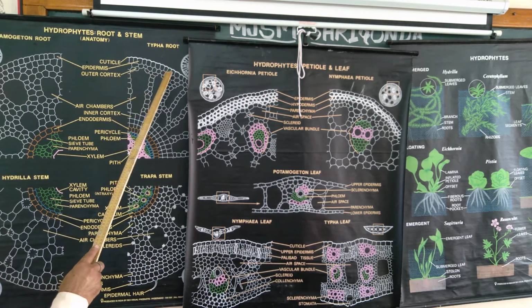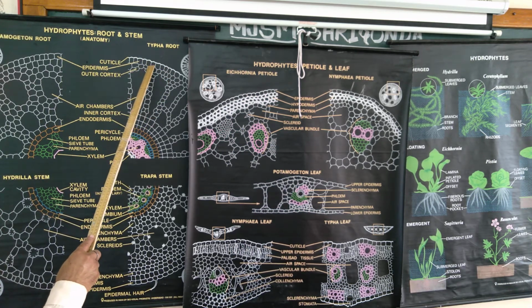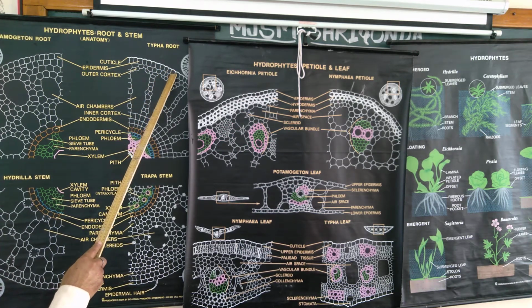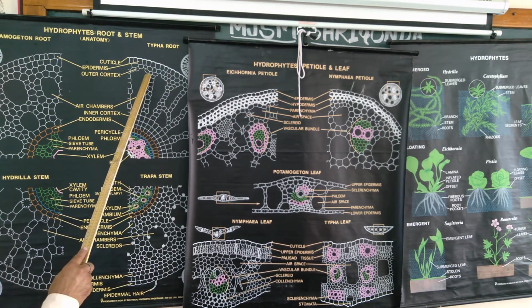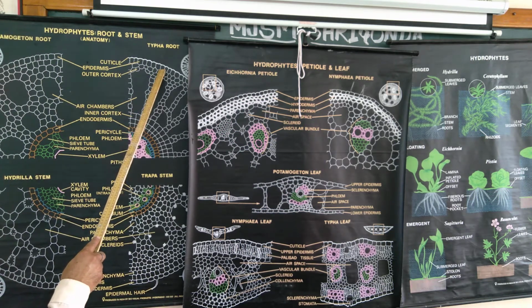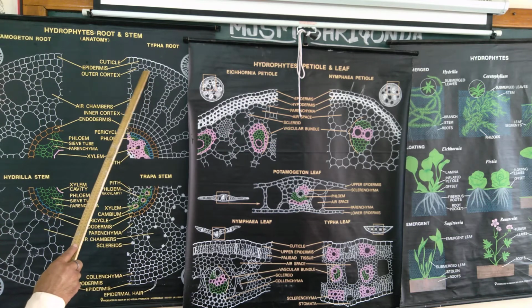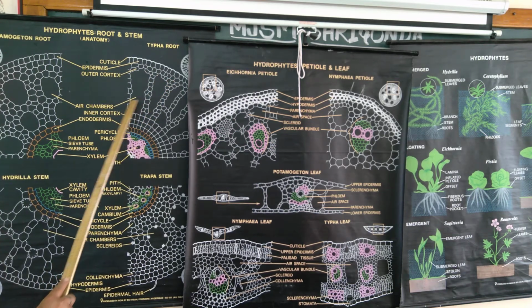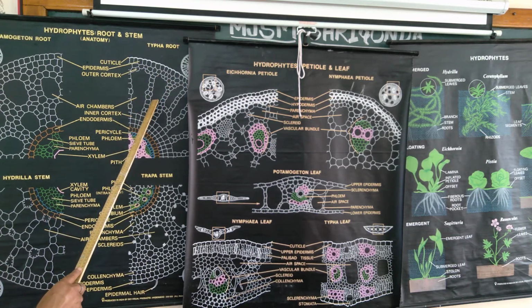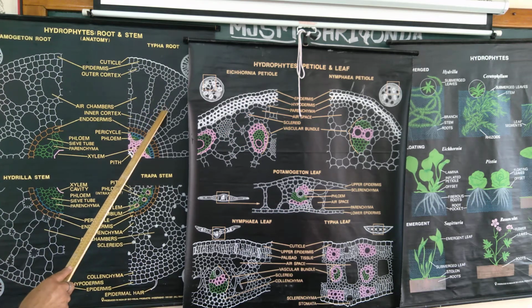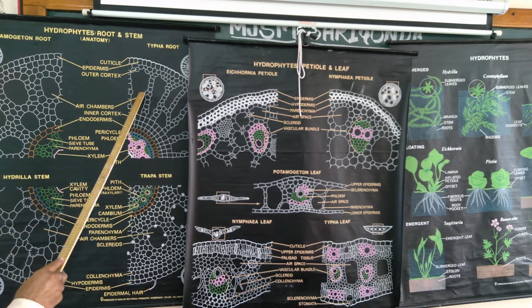That is, TS of Typha root shows circular outline. Single-layered epidermis covered with thick cuticle. Epidermis is compactly arranged. It is followed by outer cortex, which is also 1 to 2 layered. Then middle cortex is aerenchymatous, that is, there are air spaces.